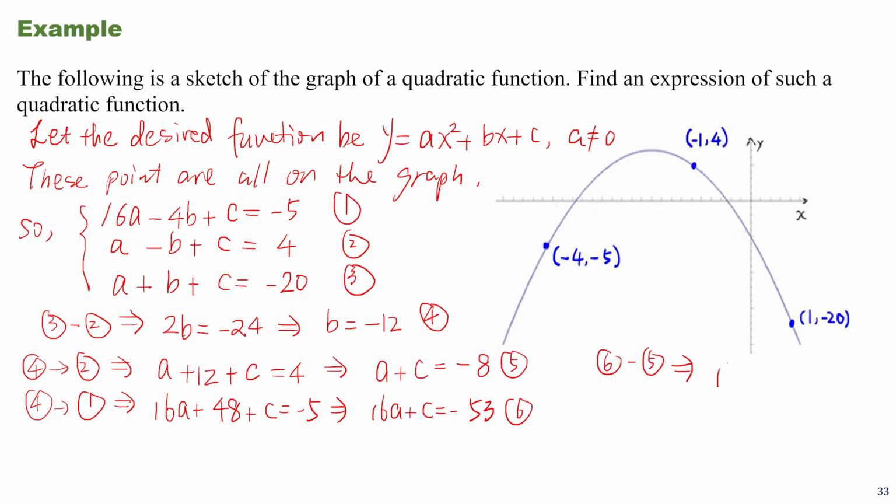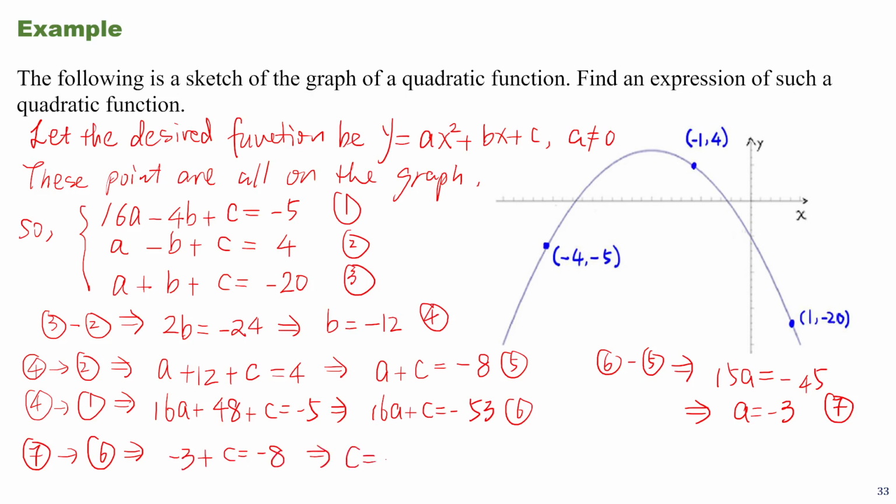So in this way we have 15a equals -45, and therefore we can solve a, which is -3, right? And let's call this equation number 7. Then we could insert equation number 7 into equation number 6, and this will give us -3 plus c equals -8, and therefore c equals -5.